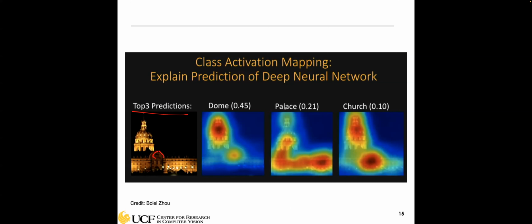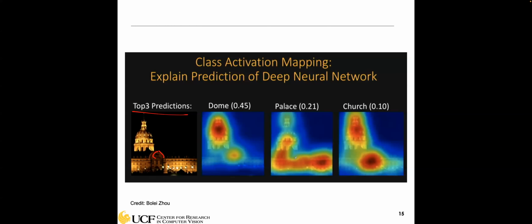And for the palace, you can see that the heat map changed, right? The most important part is not the top region anymore, it is kind of in the bottom. Maybe most palaces in the training data set have this kind of very large, long building.